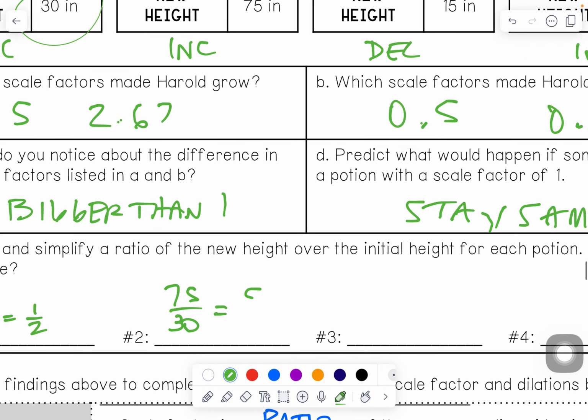For potion 3, I have 15 over 75, and that gives me 1/5. 1/5 in the calculator gives me 0.2, which is the same as my scale factor. And on the last one, I have 40 over 15.